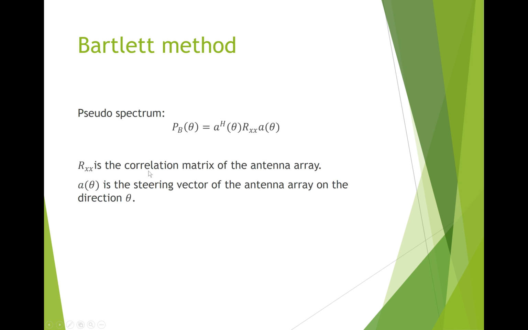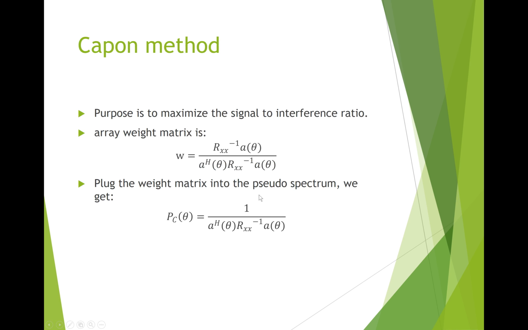Now let's introduce the first method we discussed. The first method is the Bartlett method. The pseudospectrum can be created like this, where a is the steering vector of the antenna array in the direction theta.